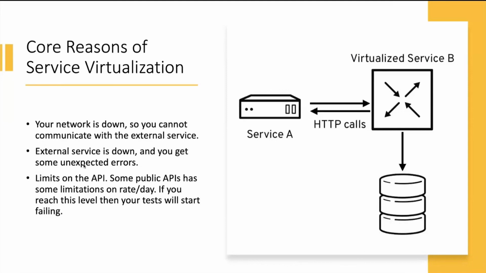So when using mocks, you are simulating the behavior of an object. Using service virtualization, you are doing something similar, but instead of simulating behavior of an object, you are providing solution of a remote service. And this is the reason why in certain companies, service virtualization is also termed as mocking for enterprises.